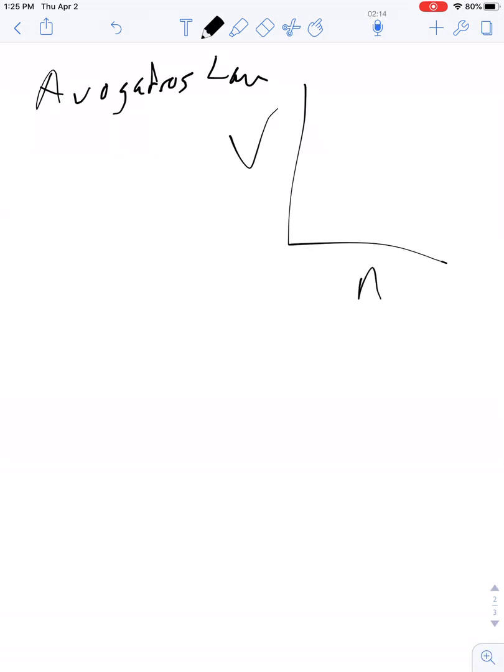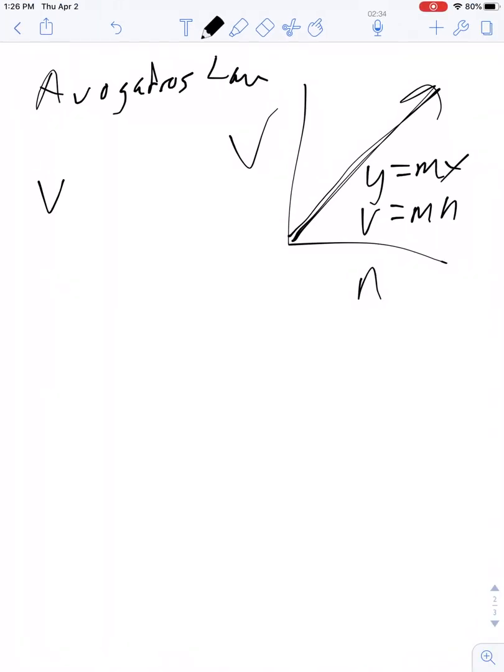And then we've got Avogadro's law that shows that if you increase the moles of your gas, you're going to increase the volume. That's not a big surprise. If you have more gas, it should have more volume. Okay? So, just like this one, my slope is constant, so my equation would be V equals k double prime n, because my slope is a constant.